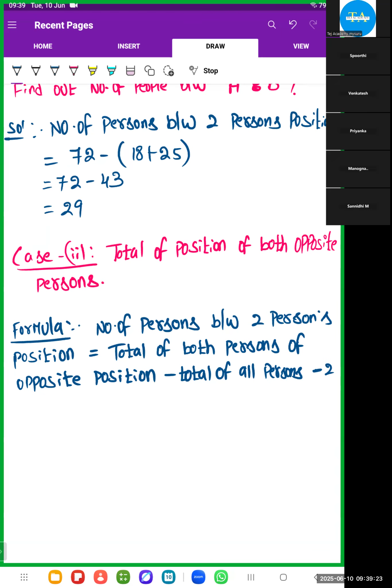This is the formula to find the number of persons between the two persons: total of opposite positions minus total of all persons minus 2.